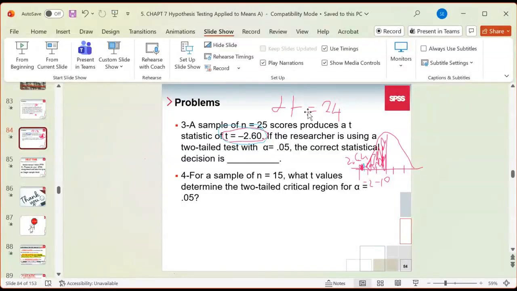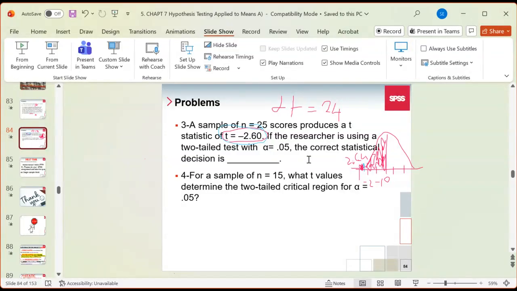It's easy to find out what df is. df is n minus 1, n is 25, minus 1 is 24. So you look in the first column, 24, and it's a two-tail test, and then alpha 0.05.